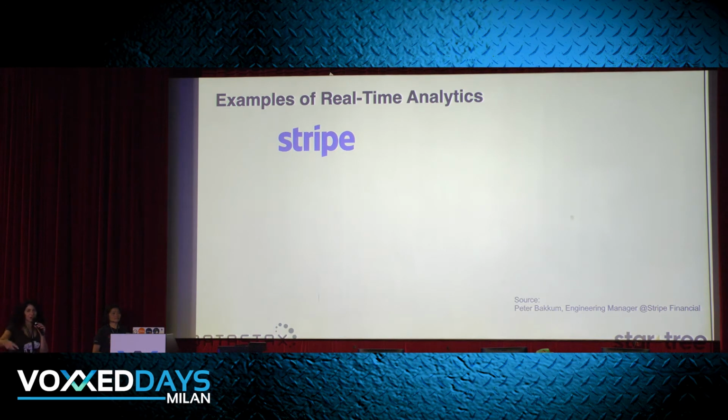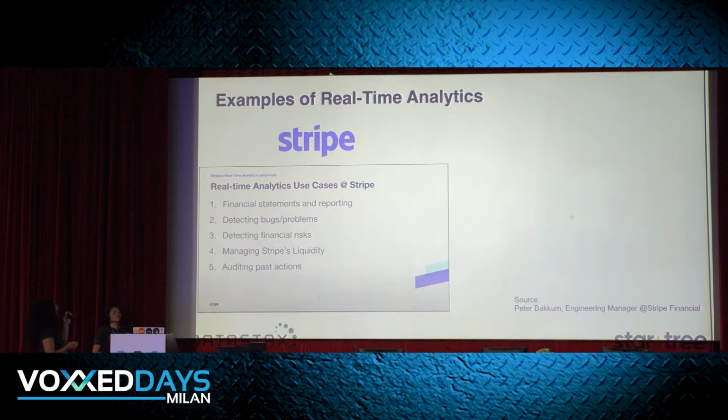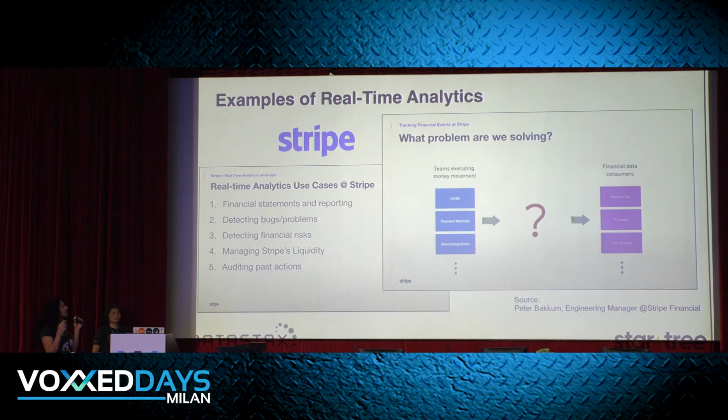It's less external real-time analytics, but more internal, but it still has the same kind of dynamic of the systems you need to build with these real-time analytics use cases. So Stripe is a financial payment platform. Essentially what they're doing when they're building these real-time analytics systems is they have, on one side, internally, dozens of engineering teams working on all different parts of the platform.